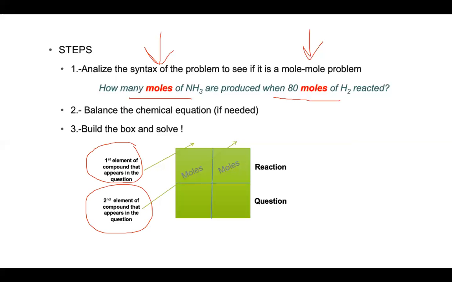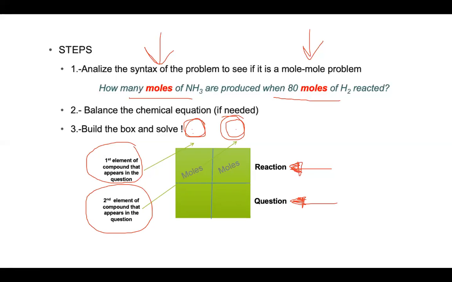In the first row, we write the information that we get from these two compounds in the reaction. And in the second row, we write the information of the two compounds that we get from the question.